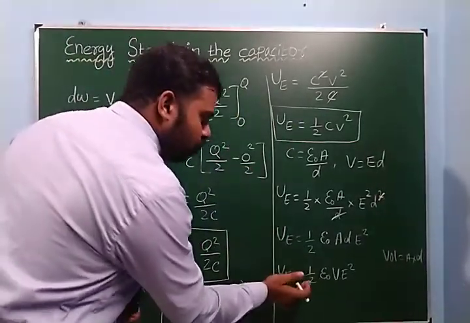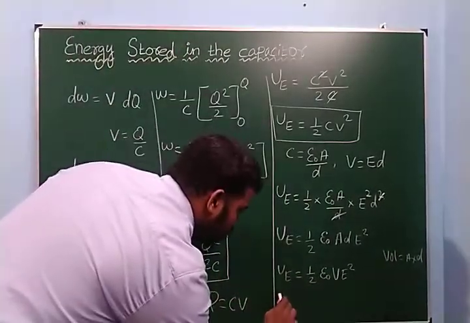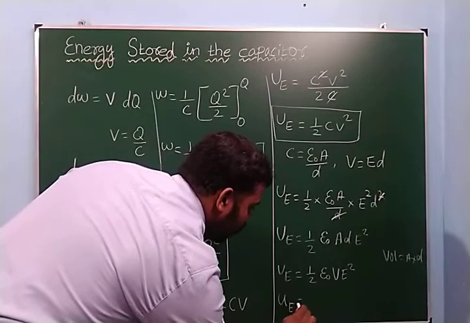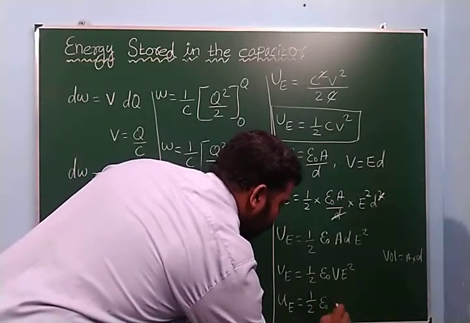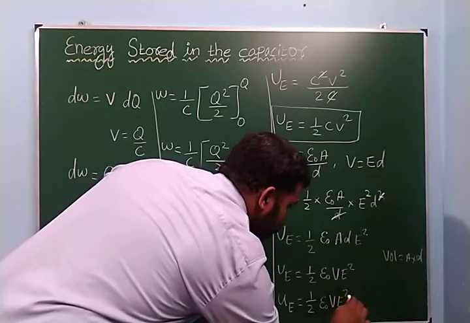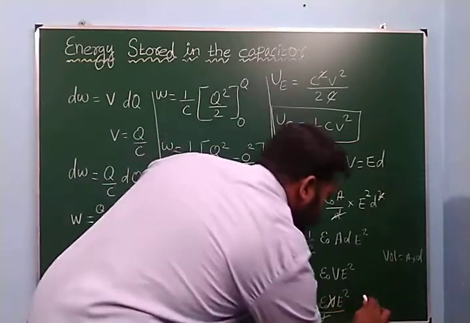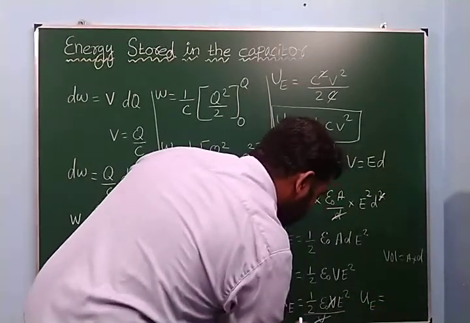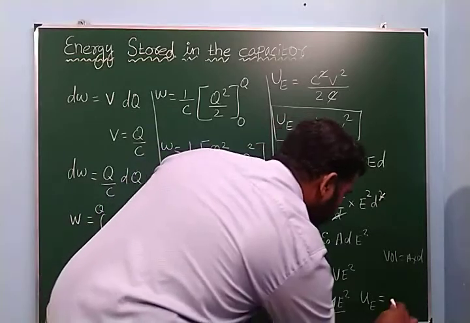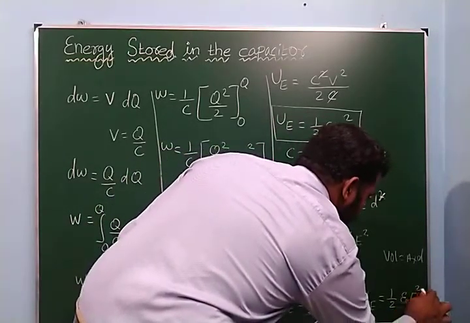So small u is equal to 1 by 2 epsilon naught V E square, whole divided by V. So this V gets cancelled. The electrostatic energy density u is equal to 1 by 2 epsilon naught E square.